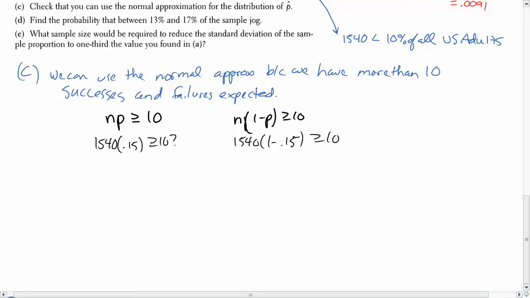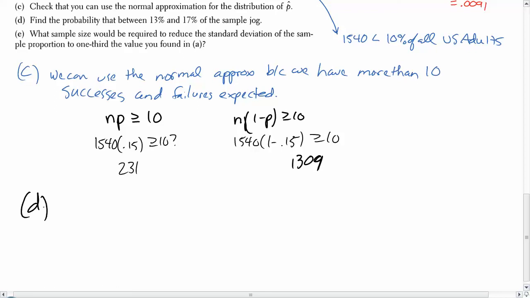The first one is 231, the second one is 1309. Both are easily greater than 10, so we're allowed to use the normal approximation.